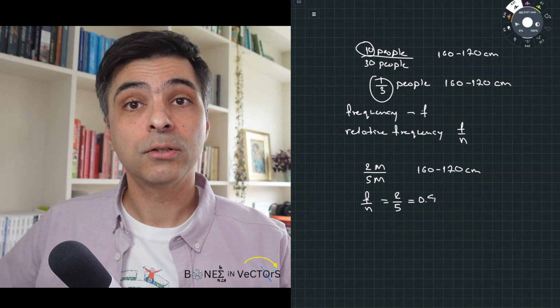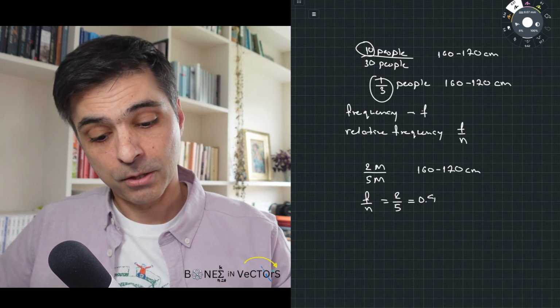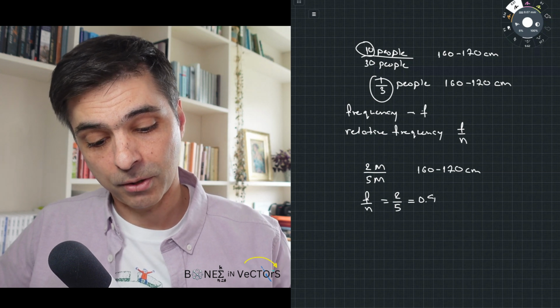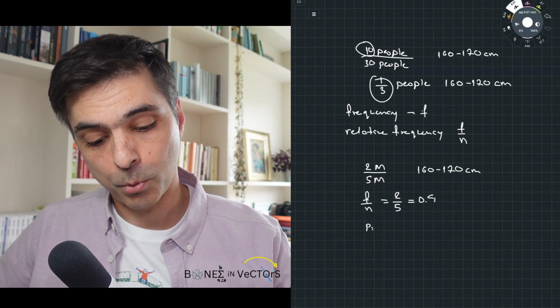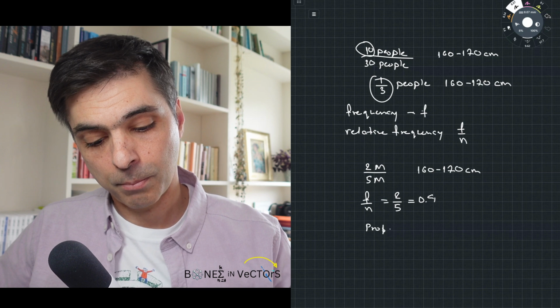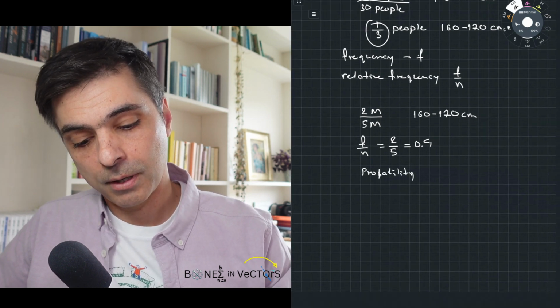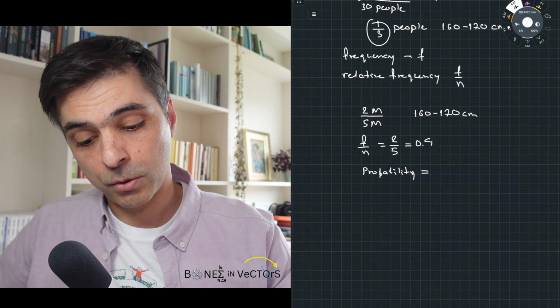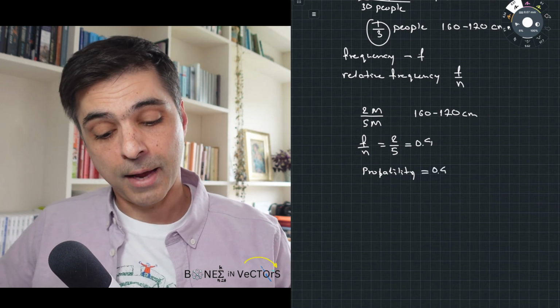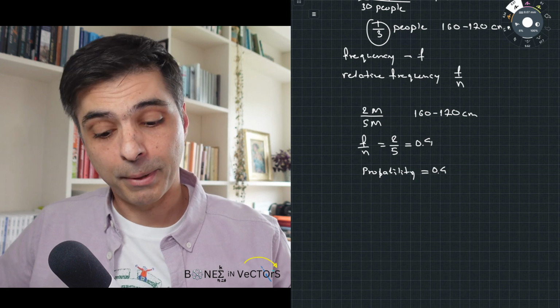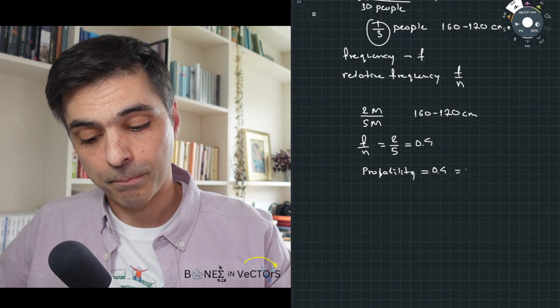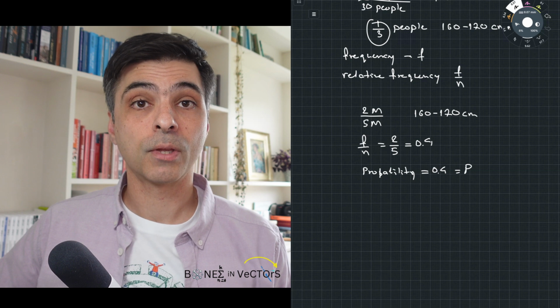We will call it probability. So we can say that the probability equals 0.4. And a symbol we use for probability is P, capital P.